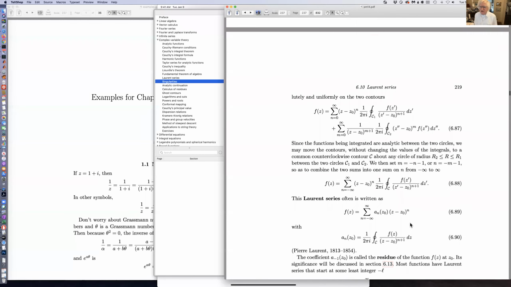And then we've converted the problem into an integral of the function along a closed contour. Now, the most frequent case where this occurs is where the original integral is from minus infinity to plus infinity.